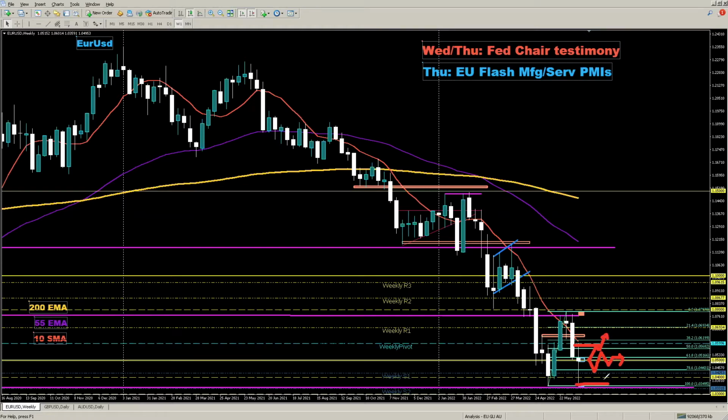Otherwise, it's going to be constrained within that range. And likewise, it needs to have some bearish news to break it below the 104.